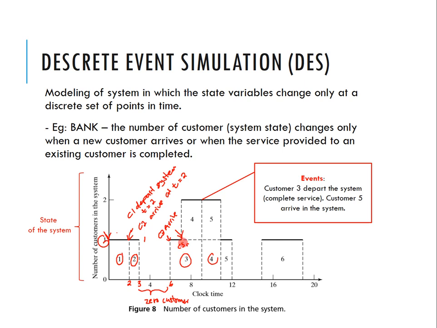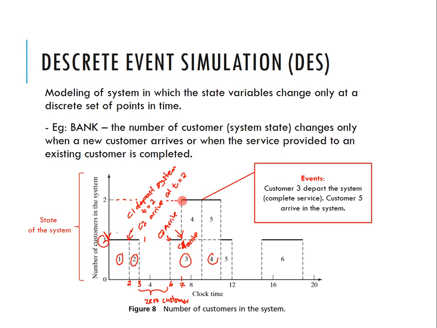Actually, what happened here is customer 4 arrives, here, customer 4. So when customer 4 arrives at time 7, the number of customers in the system becomes 2. You can see here, 2.